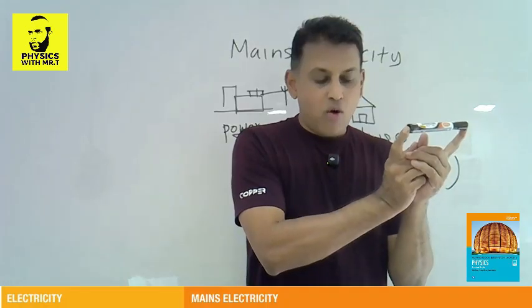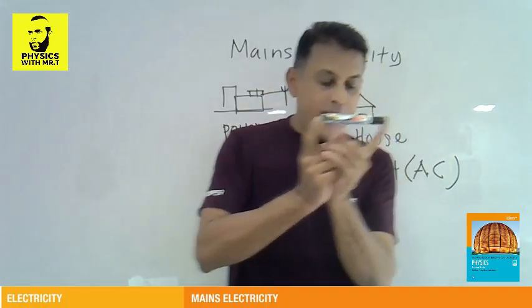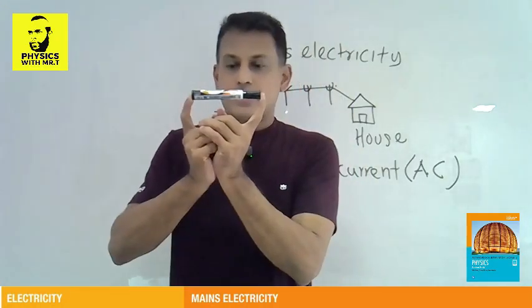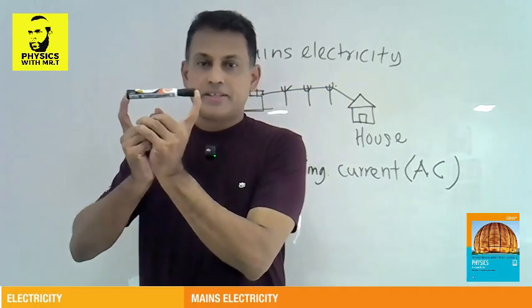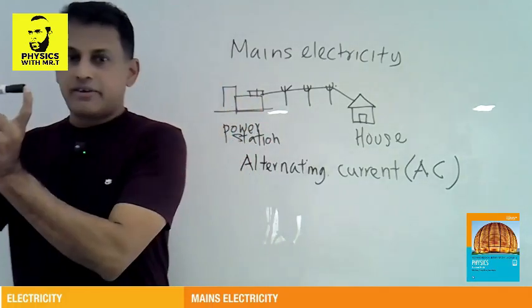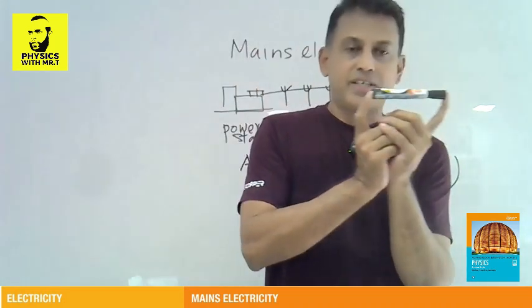Alternating current is one which is constantly changing the current flow in one direction and then in the opposite direction. So it goes this direction and then the opposite direction, this direction, opposite direction. So it alternately changes the direction.